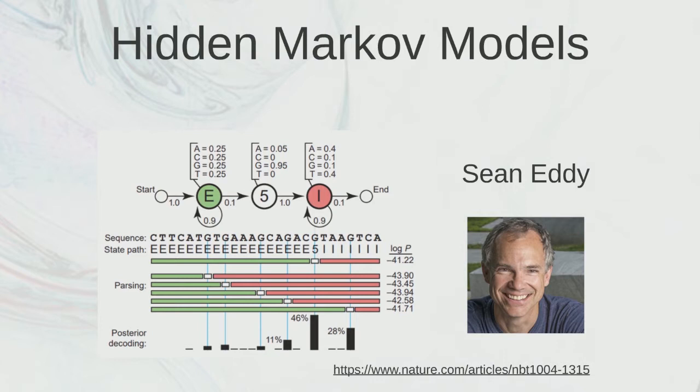And then you just say, well, might as well choose the most likely one. So the maximum likelihood is the highest posterior decoding. This location right here is the most likely fit for this model, where this is the exon, this is the intron, and this is the 5' splice site.